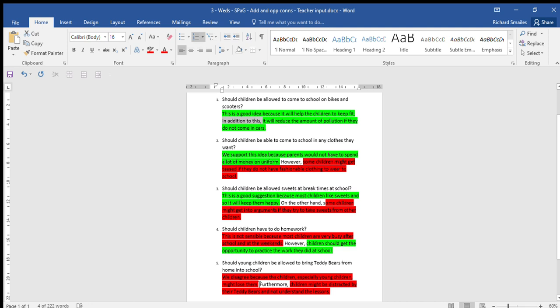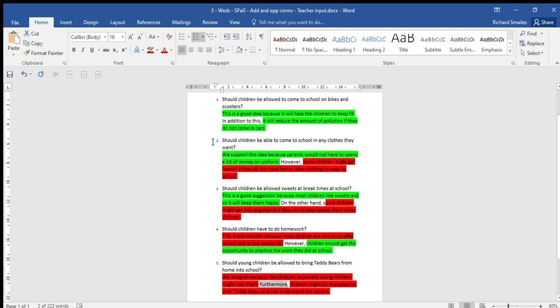In the last example, number 5 at the bottom, both sentences disagreed, but because they're the same colour, you have to have an addition connective.